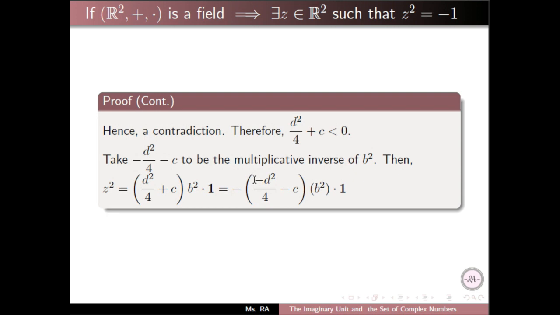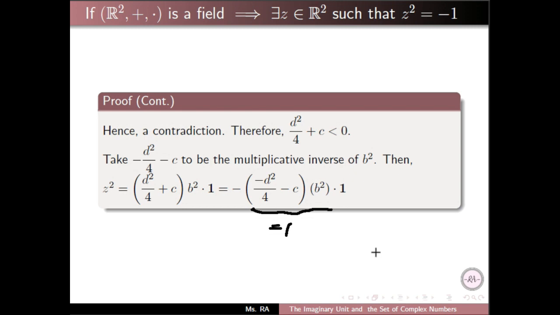We just simply take out the negative 1 times b squared. And since this and this are multiplicative inverses of each other, we can simplify that and make this part equal to 1.